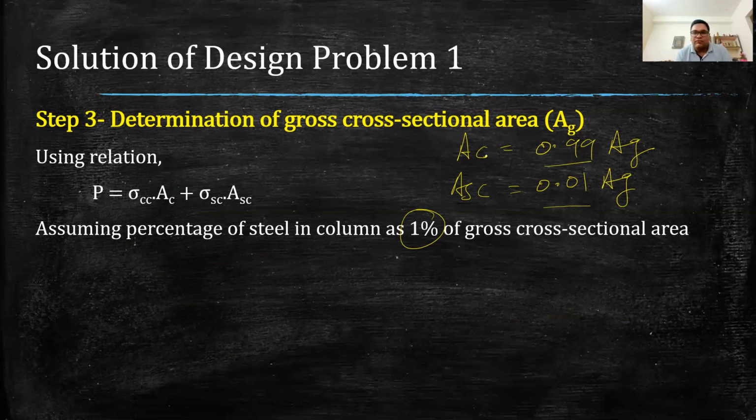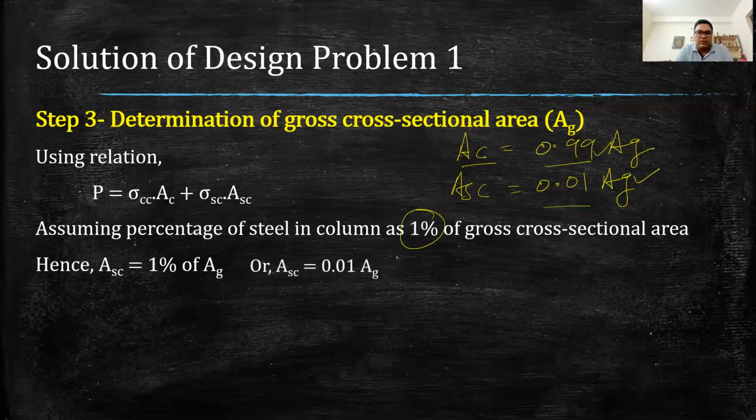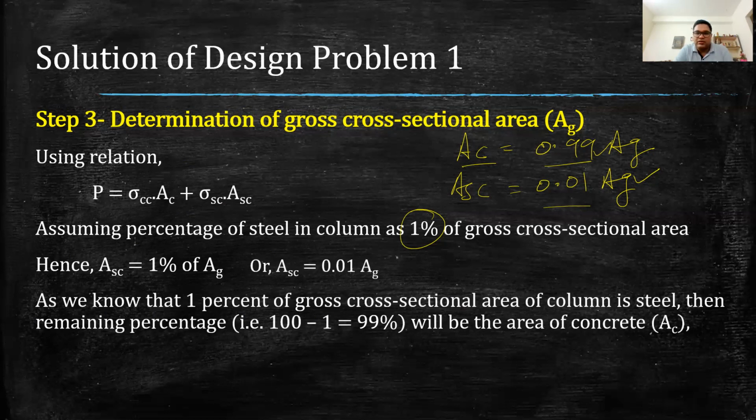So we will put this value in place of AC and this value in place of ASC. Here I have written AC is 99% of AG, which I have explained earlier also. So AC becomes 0.99 AG and ASC becomes 0.01 AG.